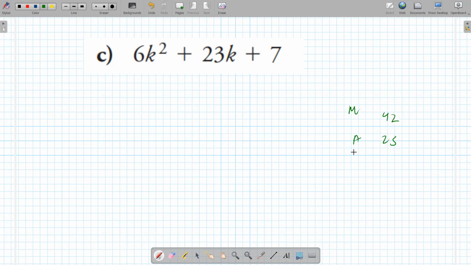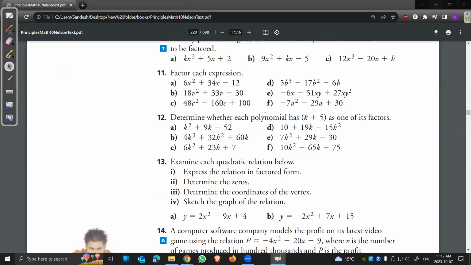So multiplies to 42, right? Adds to 23. What are the numbers is the question. Or do they even exist? I think they do. 21 and 2, and that's it. We're not going to focus on the whole thing. You know how to do them, right? Once you have the two numbers, you just factor two things at a time.